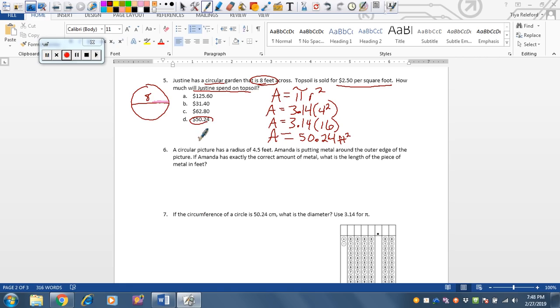Is that the same? No. The question says topsoil is sold for $2.50 per square foot. How much will Justine spend on topsoil? You're going to need to multiply 50.24 square feet times $2.50. You might even just multiply 50 times $2.50. That will probably get you close enough to the answer, and maybe you've even figured out the answer already.